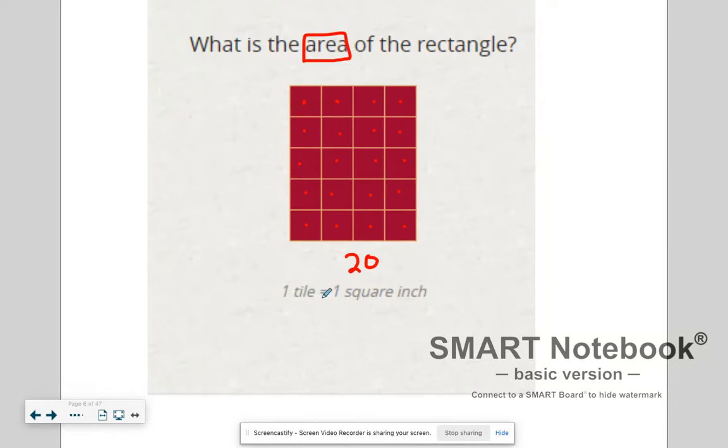It says 1 tile equals 1 square inch. So this is going to be 20 square inches. That might look funny, but it's SQ for square. We can abbreviate square by SQ. 20 square inches. Don't let that label confuse you. All you do is count the inside and then stick the label behind it.